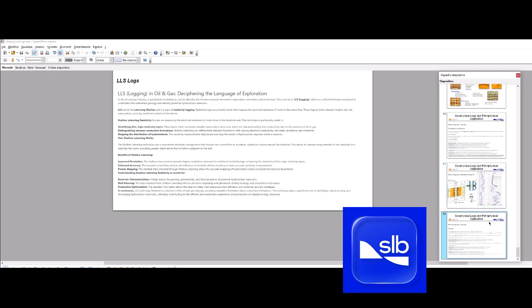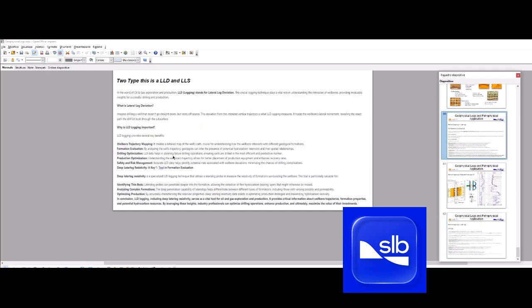But I think the most underlying difference between LLD and LLS, the deep lateral log and the shallow lateral log resistivity, is that the first, LLD, is used principally for wellbore trajectory during drilling and formation evaluation, and in much more cases for drilling optimization.